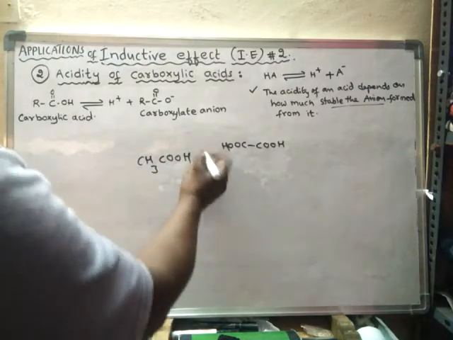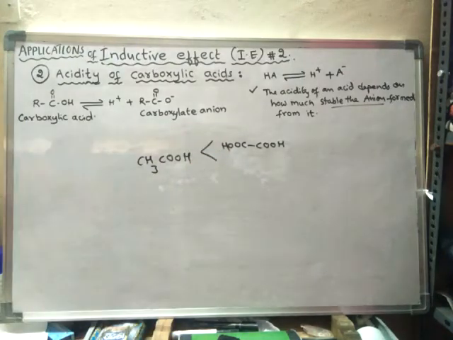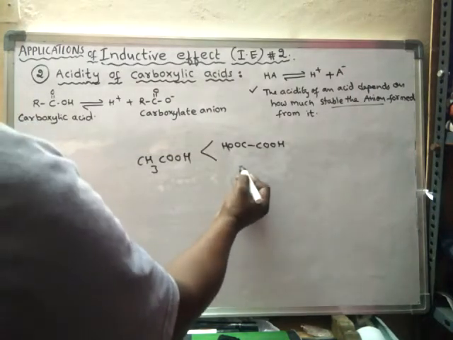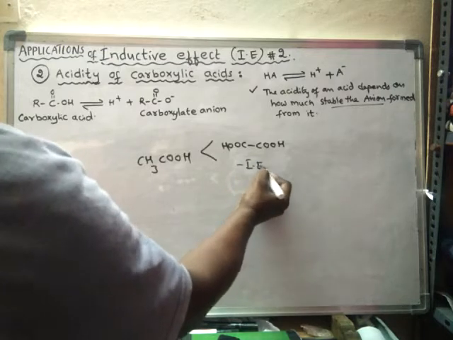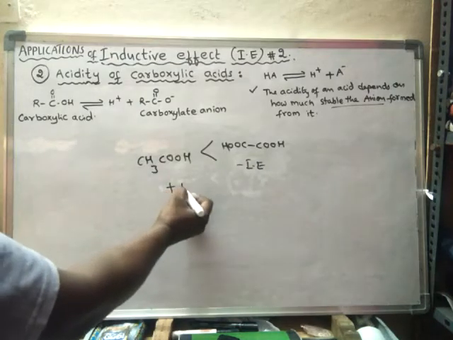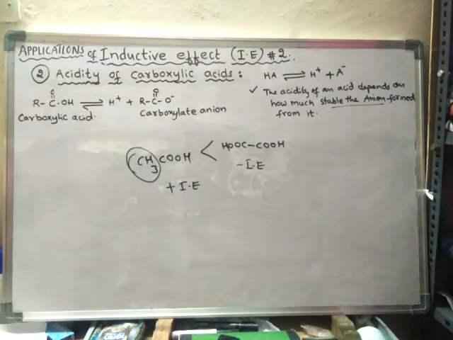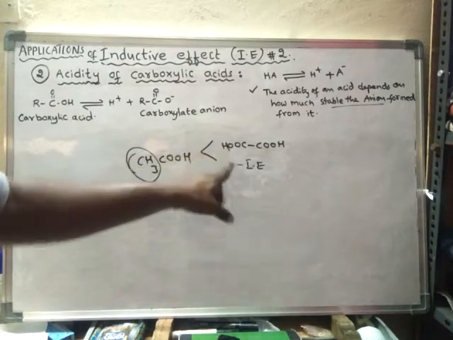Remember, dicarboxylic acids are more acidic than monocarboxylic acids due to the presence of a minus I effect group here. This is a minus I group, this is also a minus I group, but here a plus I group is present. A plus I group decreases the acidic nature, whereas a minus I group increases it.